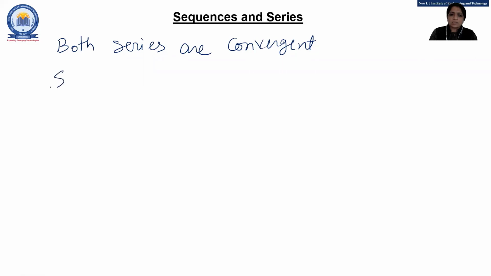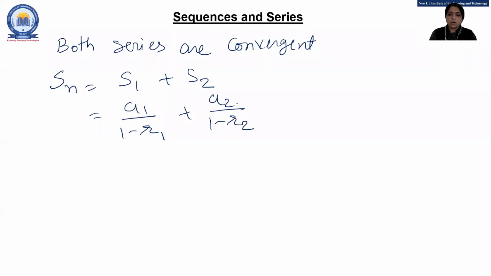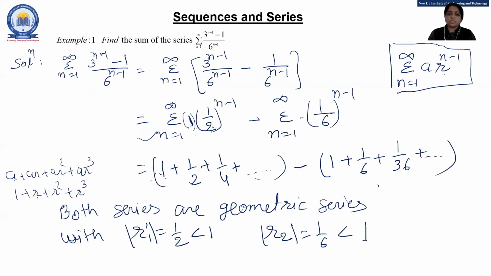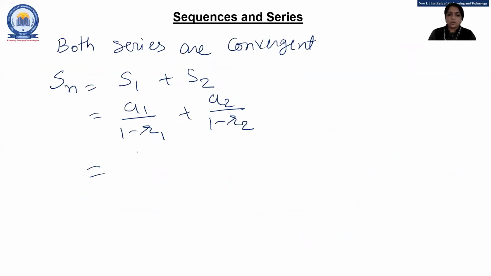So Sn, the sum of the first n terms, is S1 minus S2. S1 for the first series is A1 upon 1 minus R1, and S2 is A2 upon 1 minus R2, as we just discussed about the sum of the first n terms. What is the first term in our first series? The first term is 1, and the ratio is 1 half, so 1 upon 1 minus 1 half.